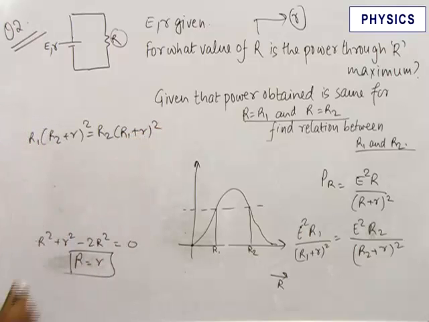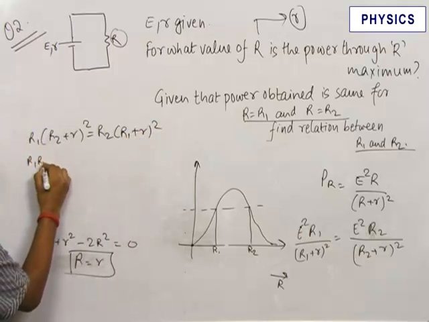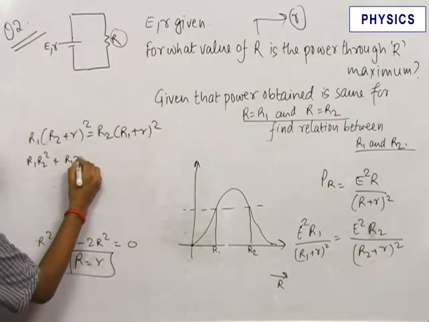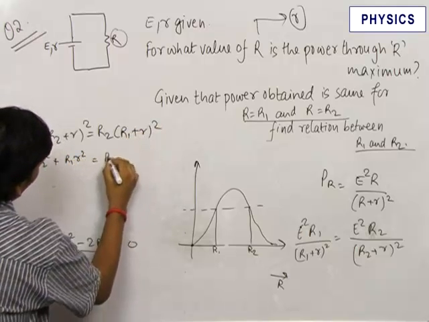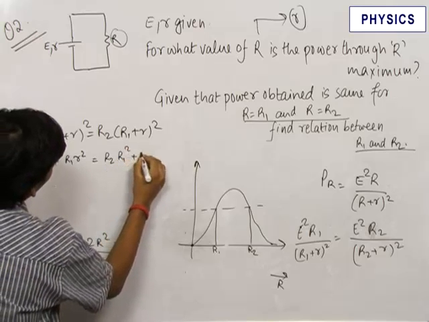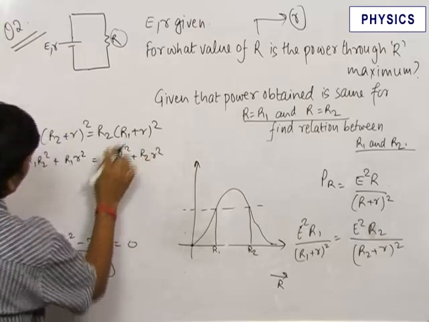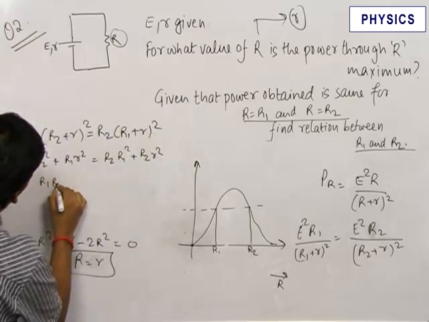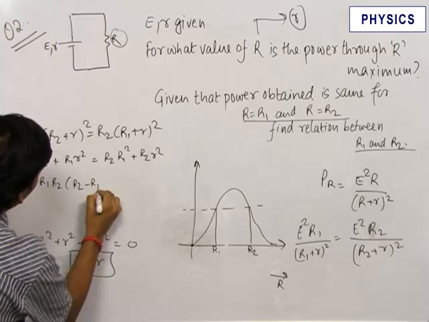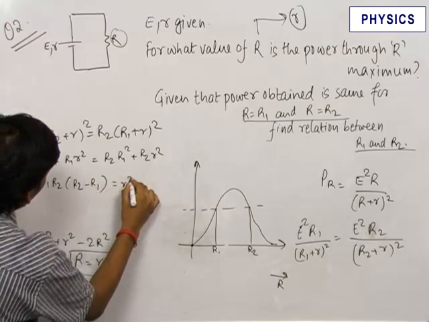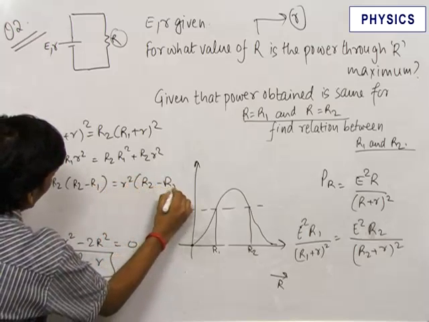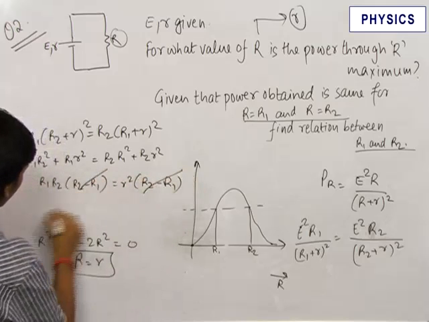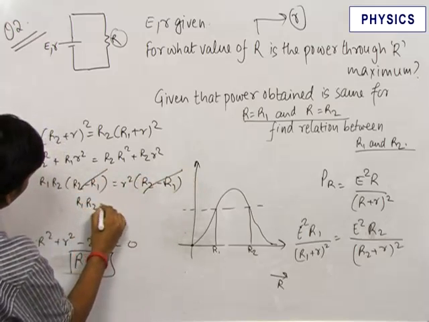This gives us R1 into R2 square plus R1 into r square is equal to R2 into R1 square plus R2 into r square. The term 2R1 R2 r gets cancelled. On solving this, we get R1 R2 into R2 minus R1 is equal to r square into R2 minus R1. Now R1 and R2 are not equal, therefore we can cancel this term. Therefore R1 R2 is equal to r square.